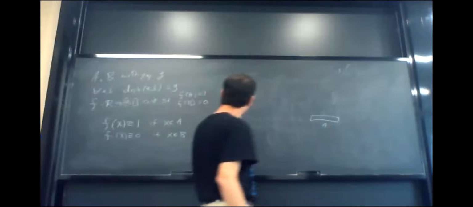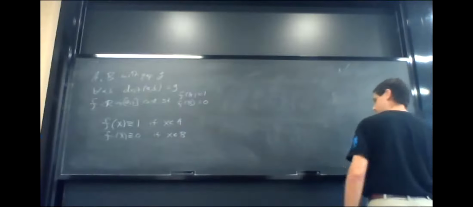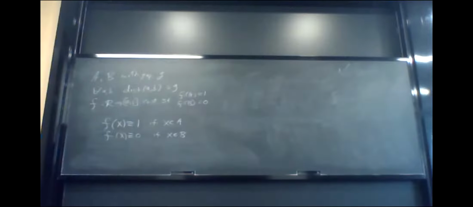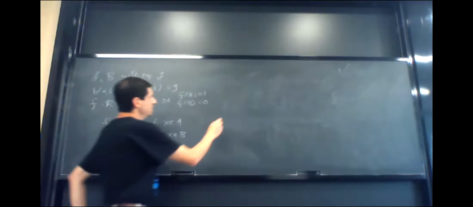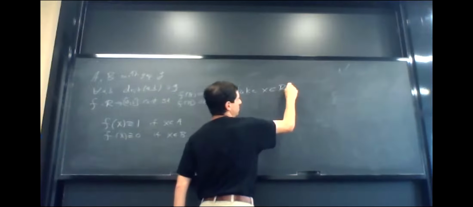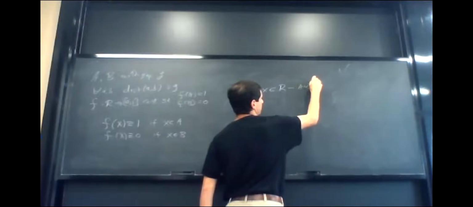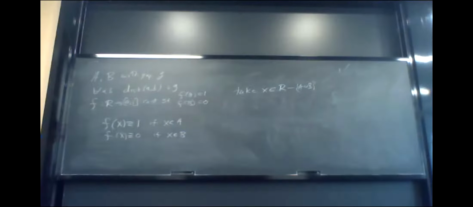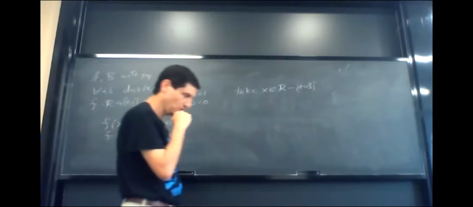So really what you do is you look at the point before it in A union B, and the point after it that's in A union B. Okay, so take x in R minus A union B. Look at the points ahead of it, or look at the first point behind it that's in A, or the accumulation point of one of those.